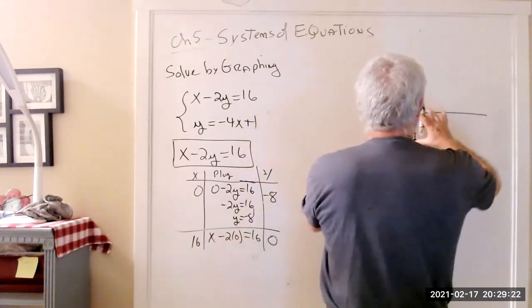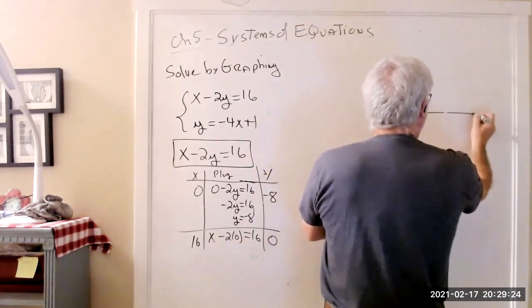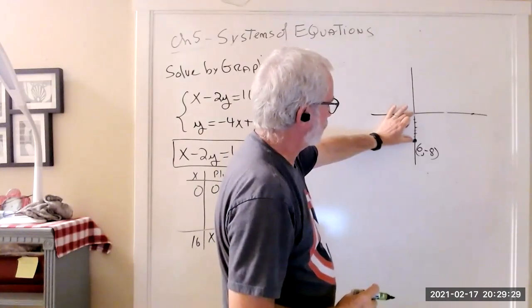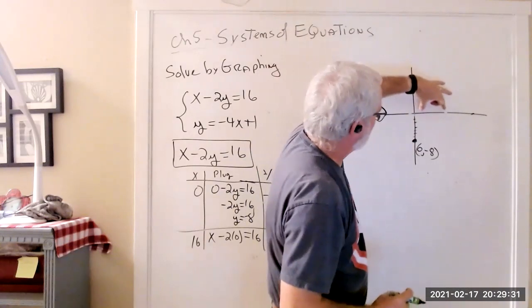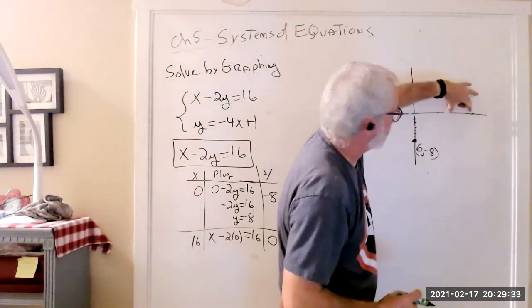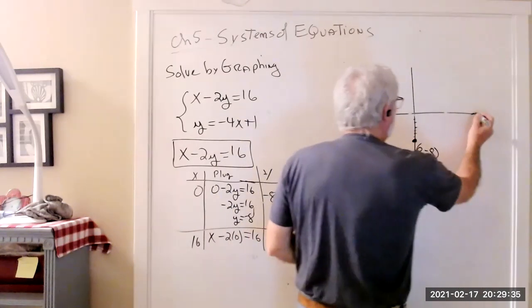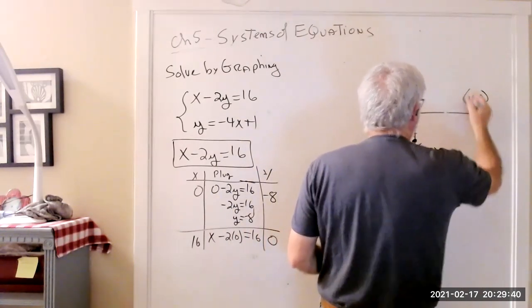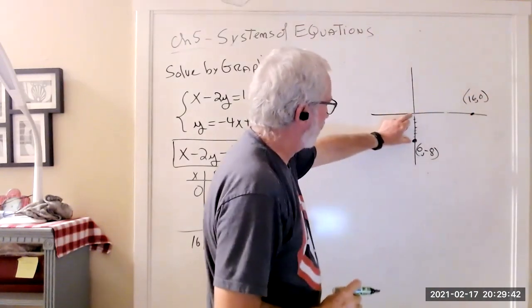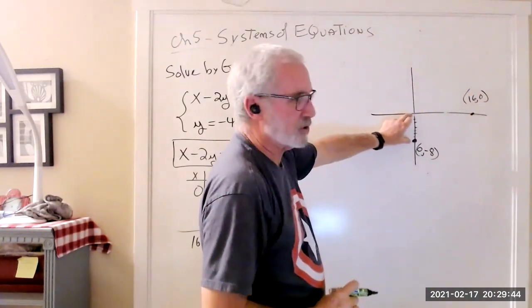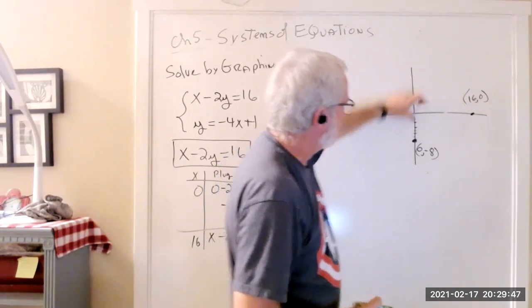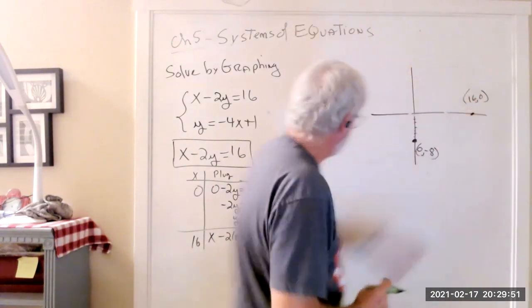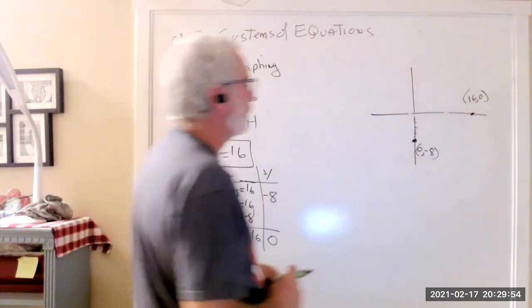And this is 16, 0 out here. Notice if this is 8, then 8 and 8 is 16, so I'm roughly in the same ballpark. So this is 16, comma 0.